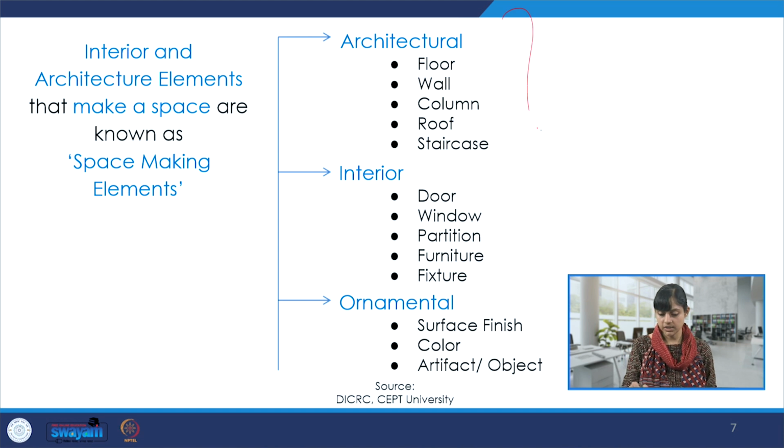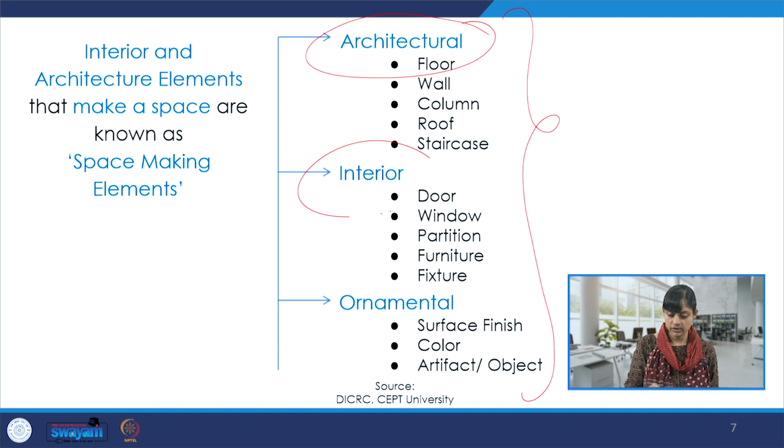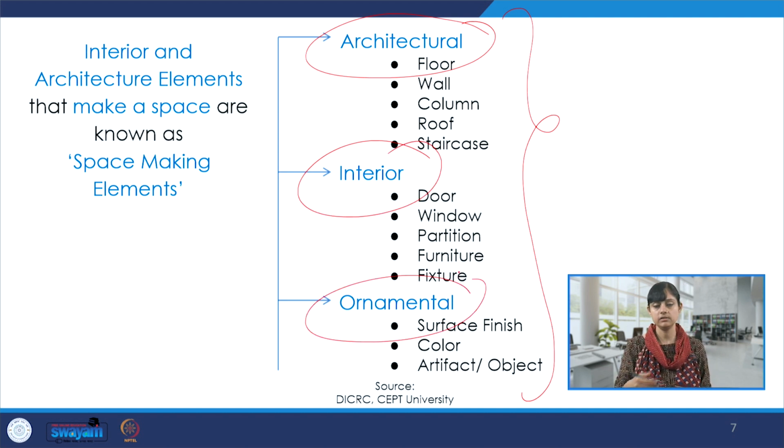I am adopting this classification. If you are interested to know further about it, I have also covered this subject and this discussion as part of my PhD, which I did at IIT Roorkee. So we are going to continue with architectural, interior and ornamental elements that we see here on the screen. Some of these we will cover today.